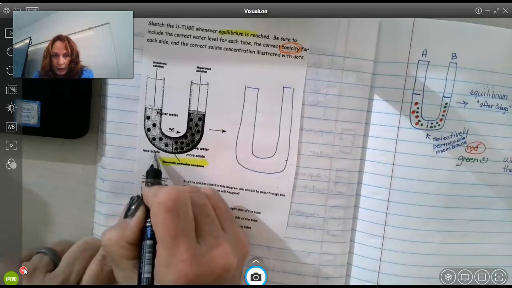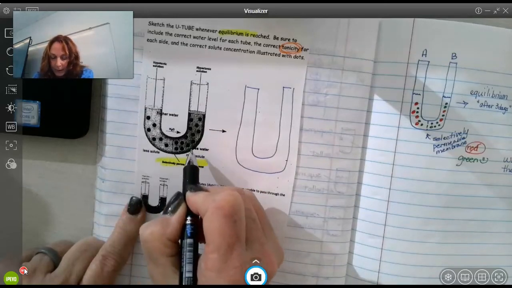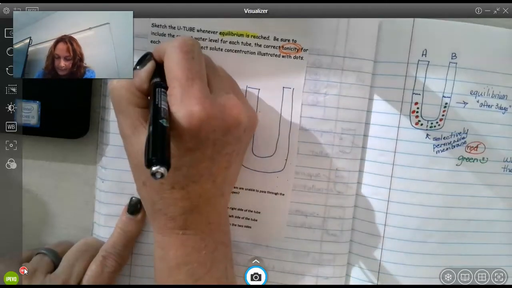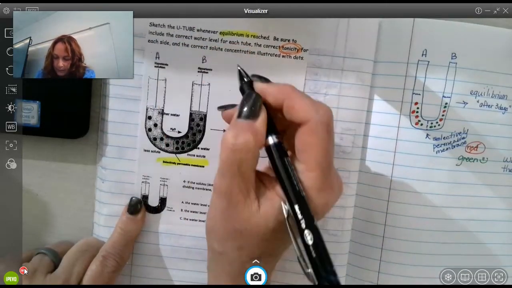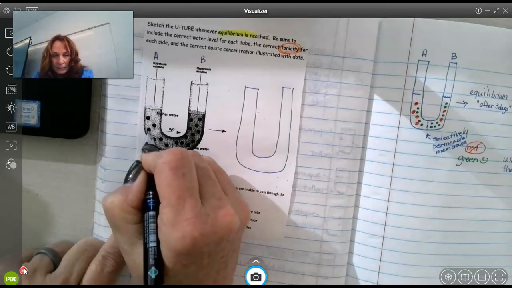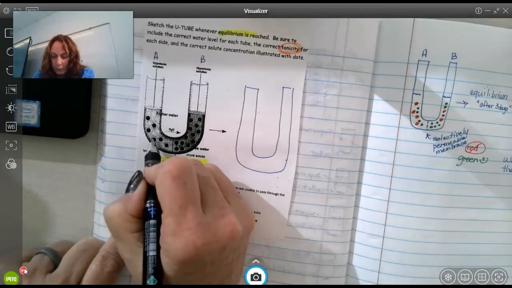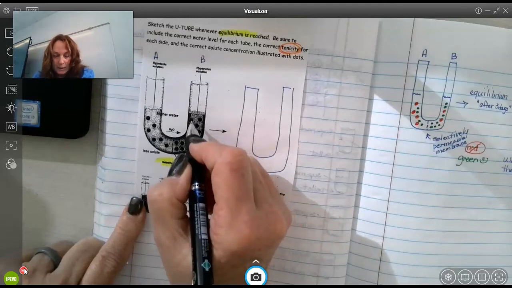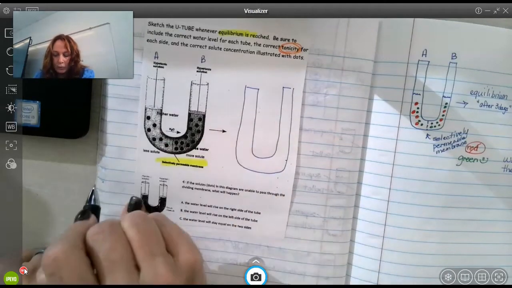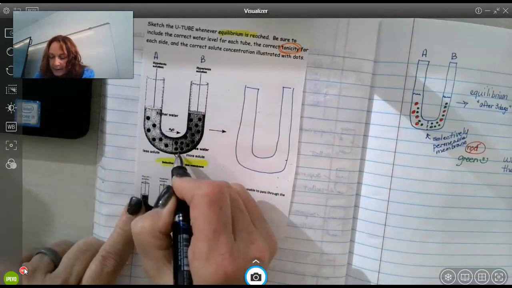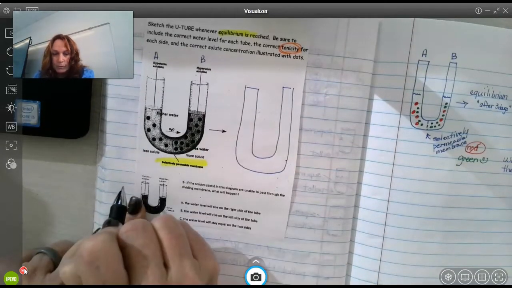If it could, you would have movement of the dots from this B side. So this is A, this is B. From B to A until it would be equal in the number, and water would move with the stuff, and you'd have a higher level in A. But that's not what they're saying. Nowhere did they say these molecules can move.